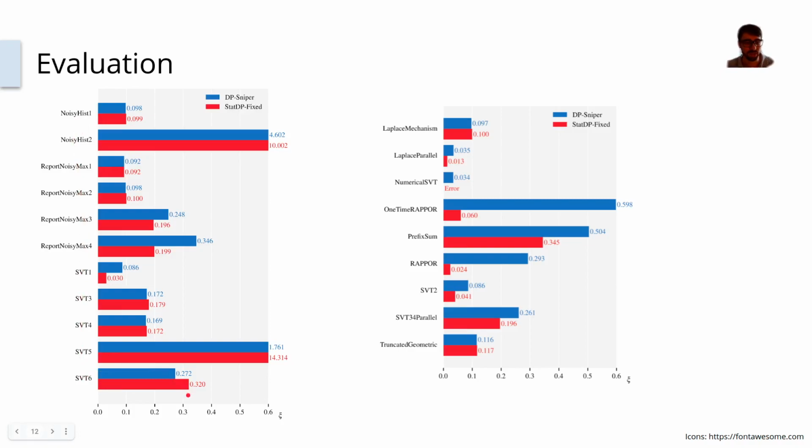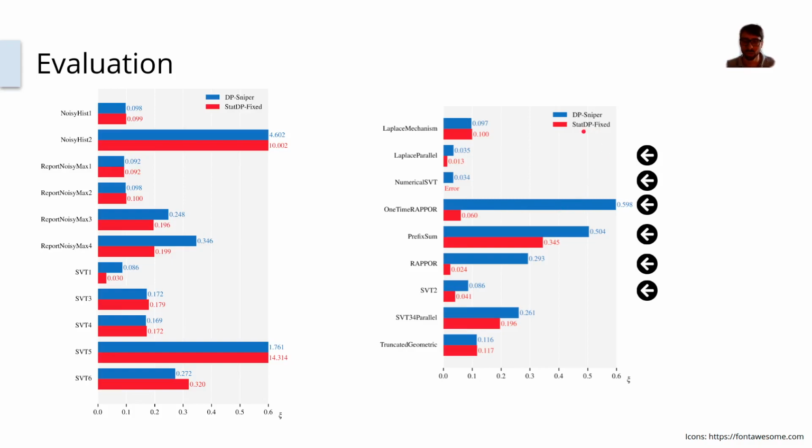Now, the takeaway message here is that DP-Sniper and StatDP perform similarly, but this is because all of these algorithms were already evaluated in StatDP. If we move on to more advanced algorithms, such as, for example, RAPPOR or one-time RAPPOR, these are state-of-the-art differentially private algorithms, then DP-Sniper significantly outperforms StatDP. For example, here in one-time RAPPOR, the level of differential distinguishability of DP-Sniper is much better than that of StatDP.